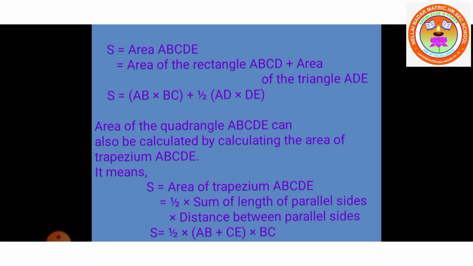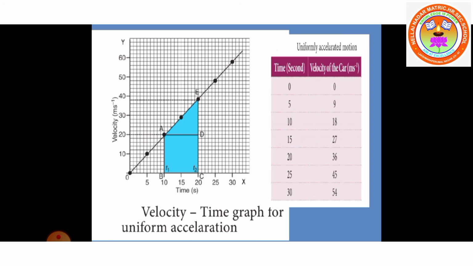It means S is equal to the area of the trapezium ABCDE, that is 1 divided by 2 into the sum of the lengths of the parallel sides into the distance between the parallel sides. So we can write S is equal to 1 divided by 2 into the sum of the lengths of the parallel sides, that is AB plus CE.